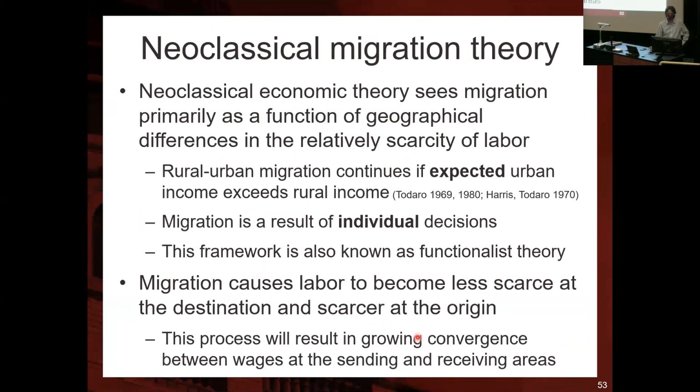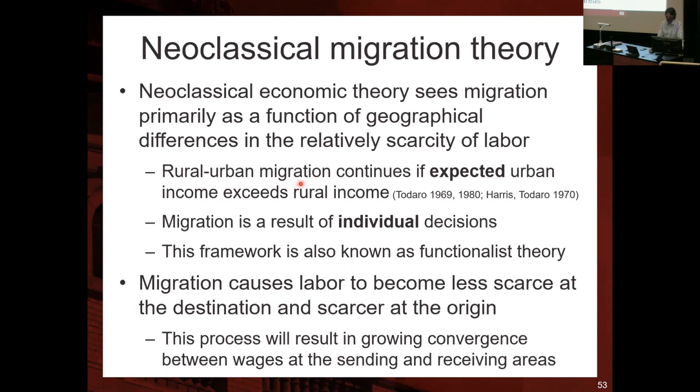So I will just go through each one of them. First, the neoclassical migration theory sees migration primarily as a function of geographical differences in the relative scarcity of labor. Todaro was an economist who focused a lot on trying to explain the factors that drive internal migration, and he was looking exactly at migration from rural to urban areas.